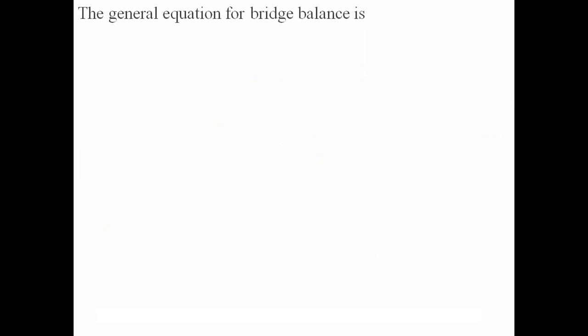The general equation for bridge balance, as all of you know, is Z1 Zx is equal to Z2 Z3. From that we can find Zx, the unknown impedance: Zx is equal to Z2 Z3 by Z1.